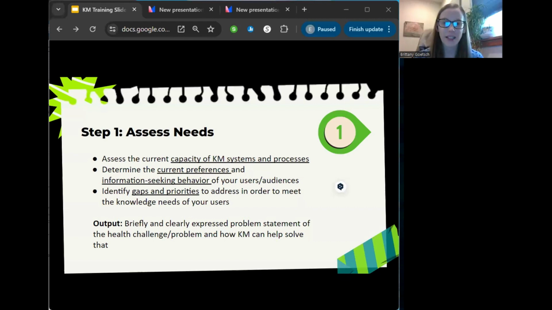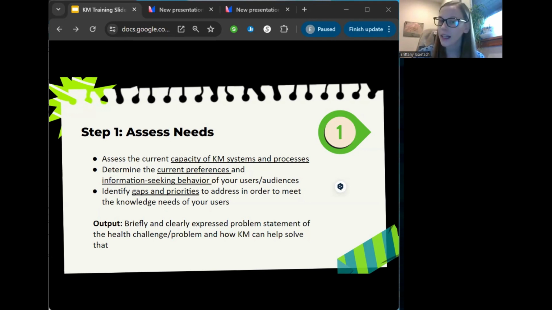So for step 1, the goal is to understand the extent of the health program challenge and identify how a KM need can help solve it. Specifically, the goal of this foundational step is to discover the information needs and gaps of your health program staff that, if addressed, could help improve the effectiveness of your program.